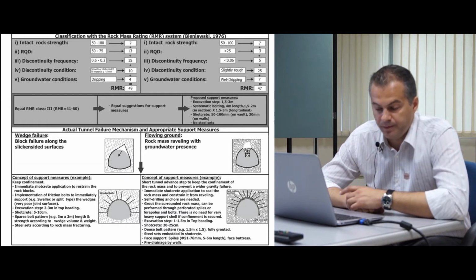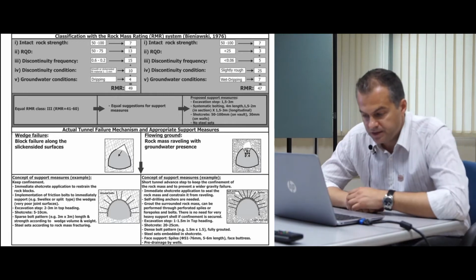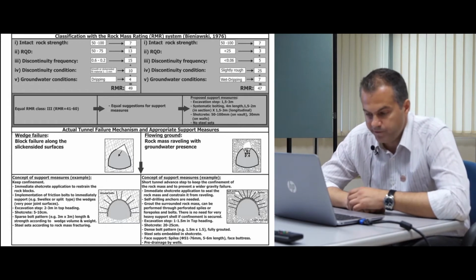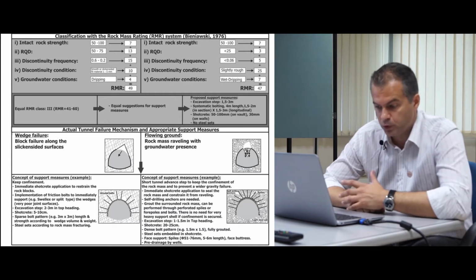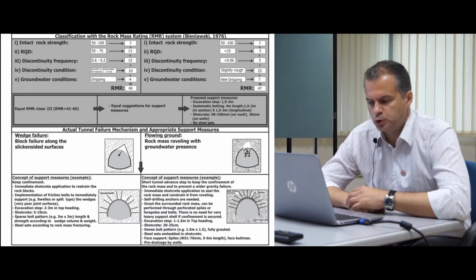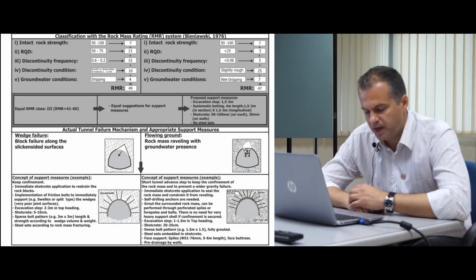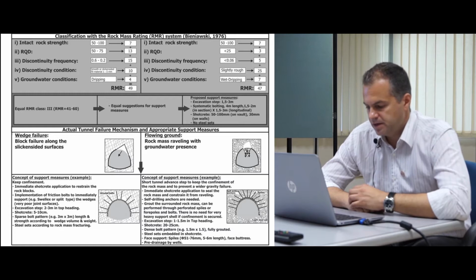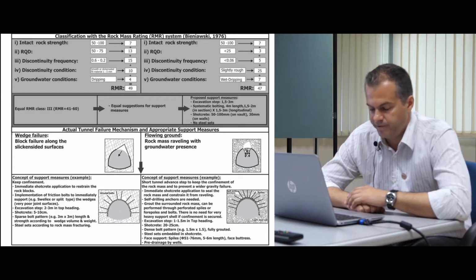An excavation step of 2 to 3 meters in top heading, not very thick shotcrete, but you need immediate reinforced shotcrete in order to keep this confinement. A sparse bolt pattern, of course, depending on the site-specific characteristics of the blockiness of the rock mass and the underground wedge analysis that this failure requires.